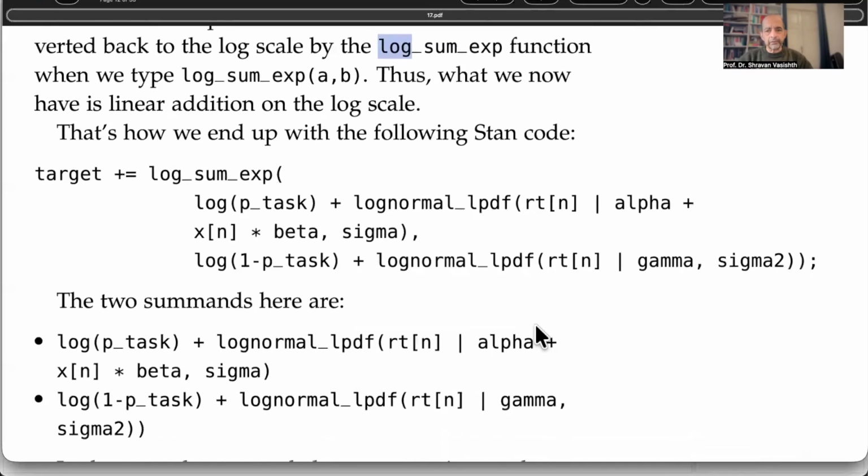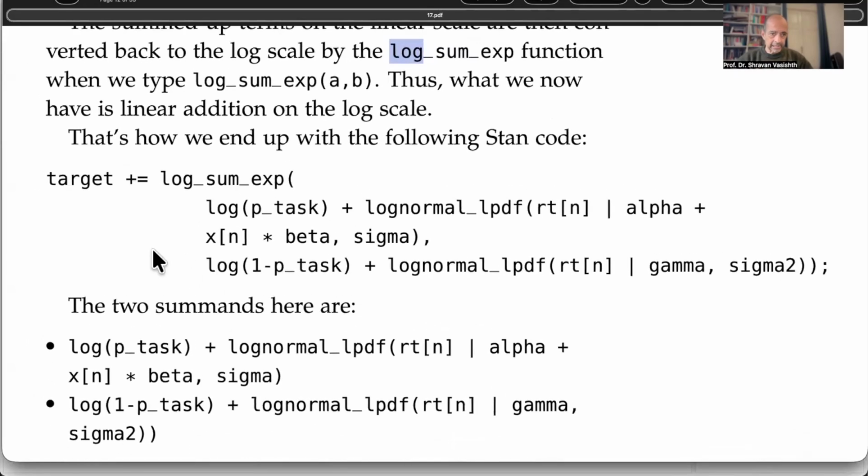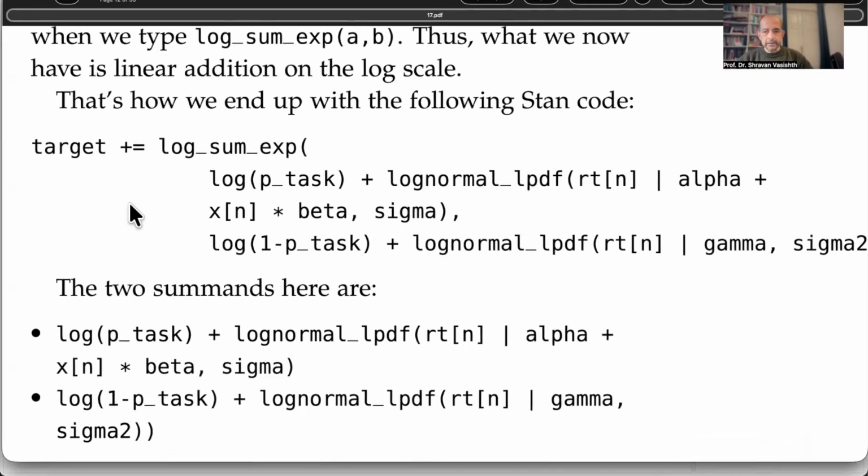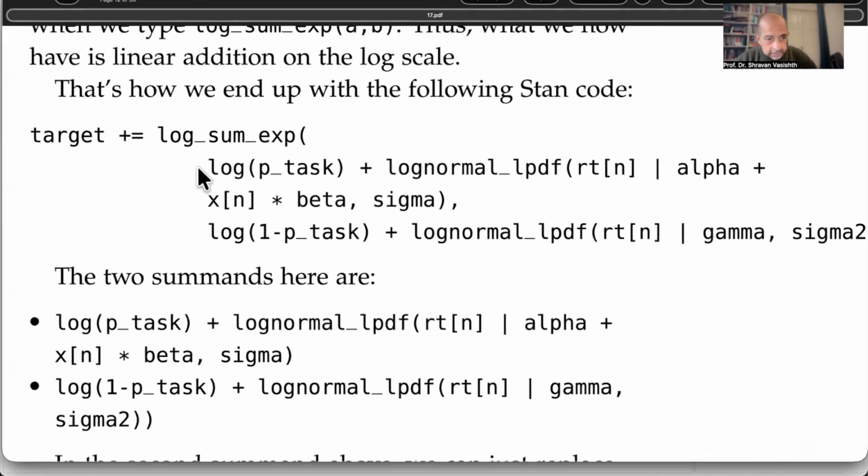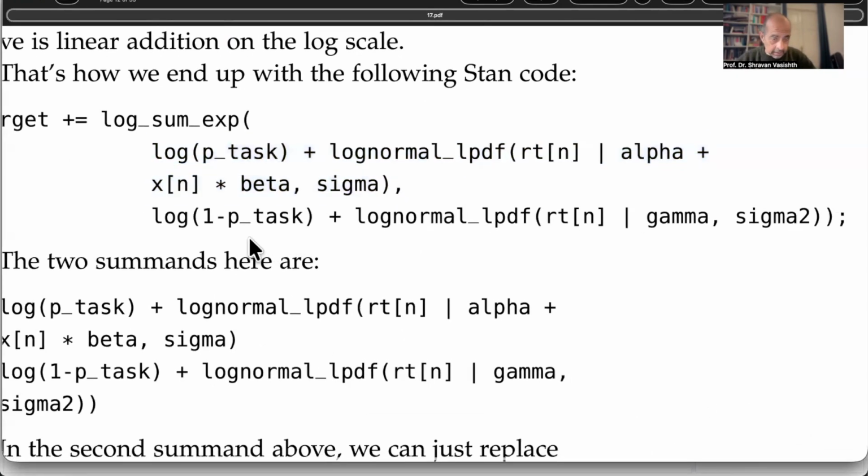So that's how we end up with the following Stan code. Okay, so the Stan code looks like this. log_sum_exp is going to be taking this first term, this is the first term, this is the A term, and this is the B term. Okay, A term and B term.